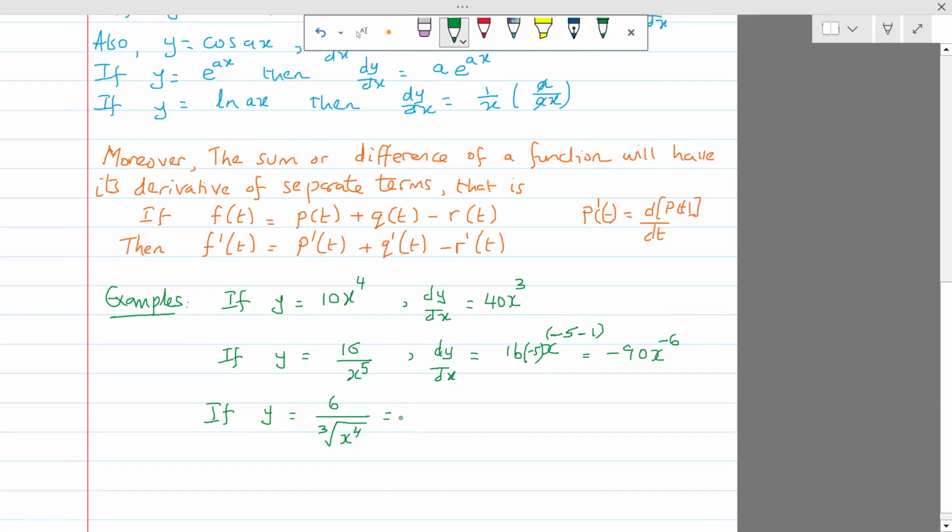So I'm going to write it like this, 6 over x power 4. What does cube root mean? It means to the power of 1/3. So this becomes 6 over x power 4 by 3, which I can further simplify by bringing it into the numerator, 6x power minus 4/3, like this.